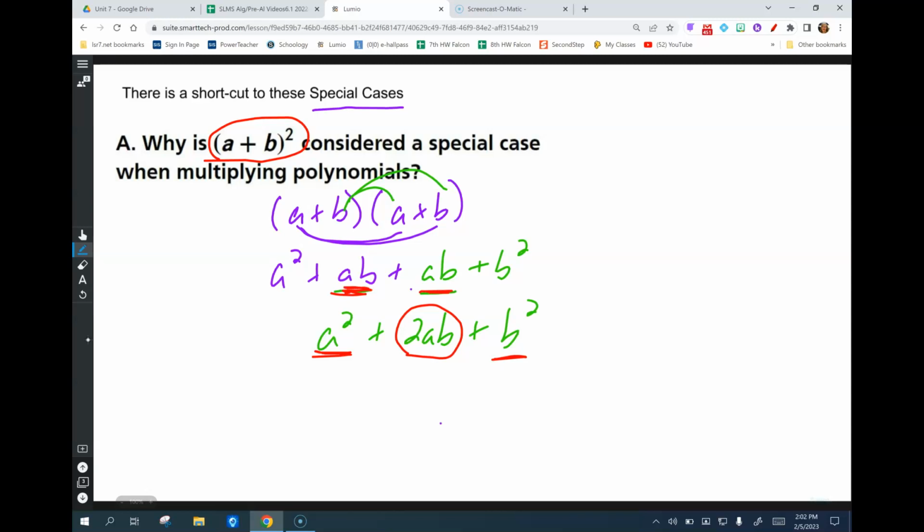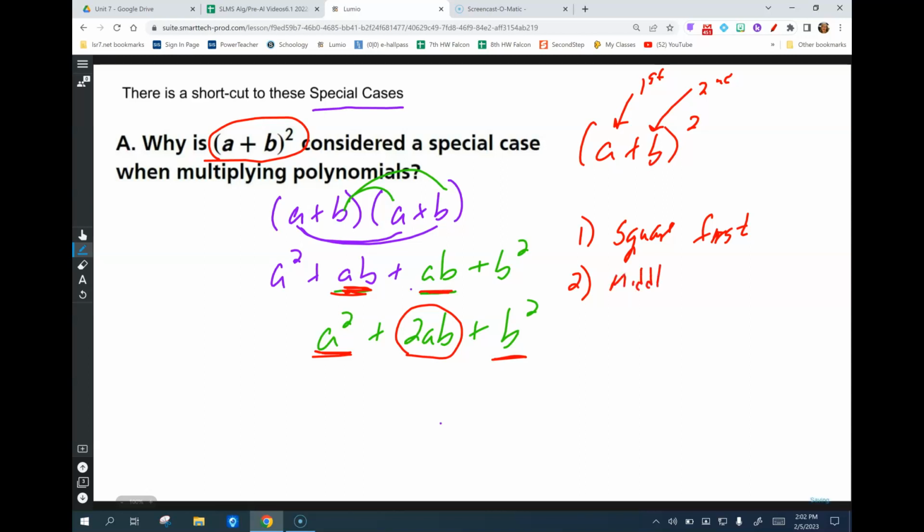So if I were to put it into words, what's happening is I square the first term, and when I talk about the first term, this one is the first term, this one is the second term. Okay, so second and first. Square first term. Put it in the first place. Then to get the middle term, this is the one that takes a little work, but not much.